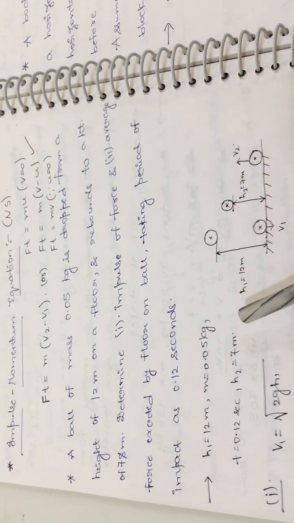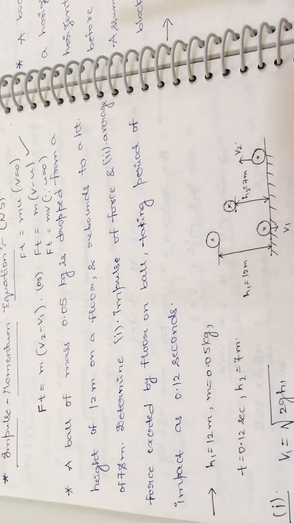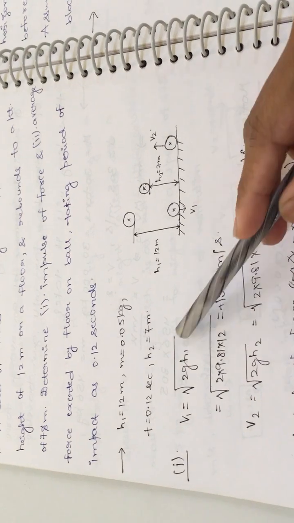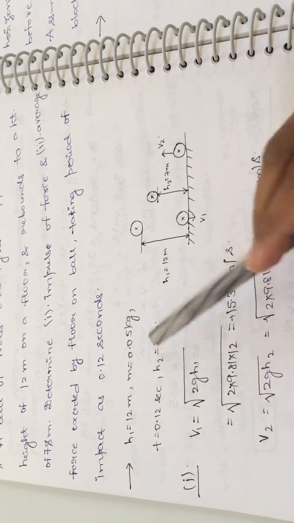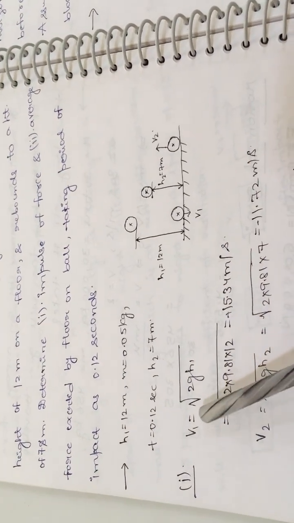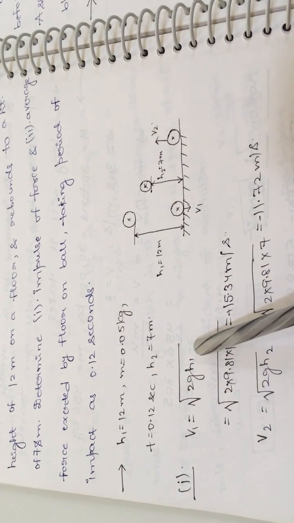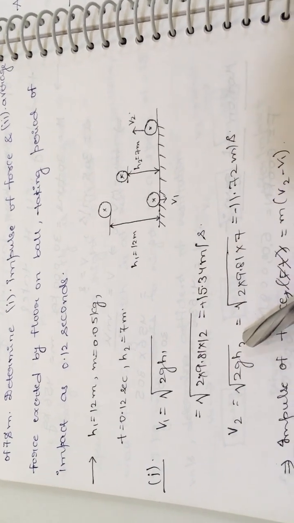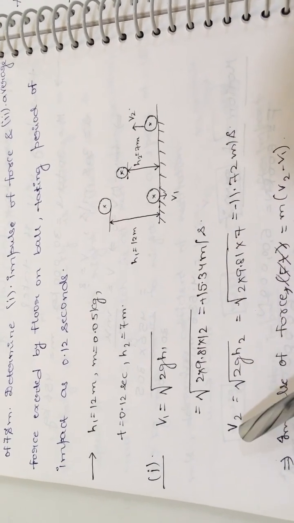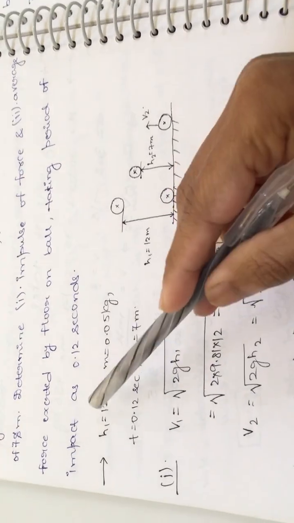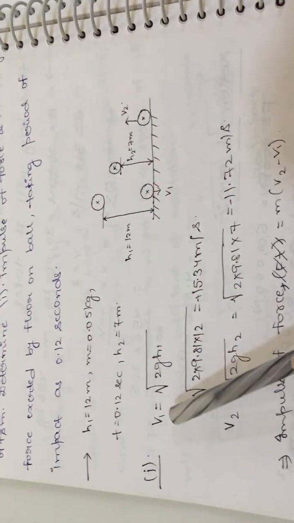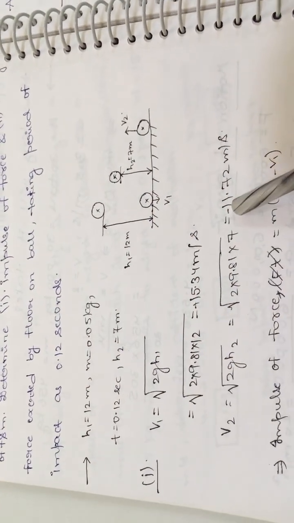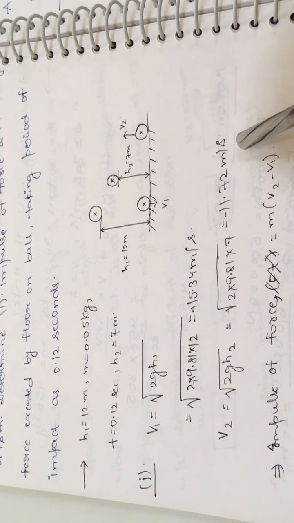The velocity values are not given in the question, but we can calculate them from the height values by the known formula v is equal to square root of 2gh. Substituting the h1 value in this formula we get the v1 value, and substituting the h2 value we get the v2 value. So from h1 and h2 we can calculate v1 and v2 in meter per second.